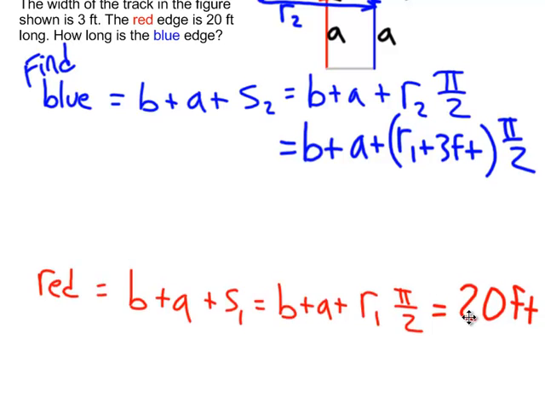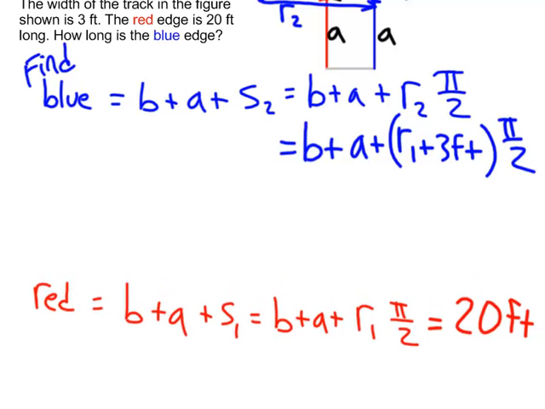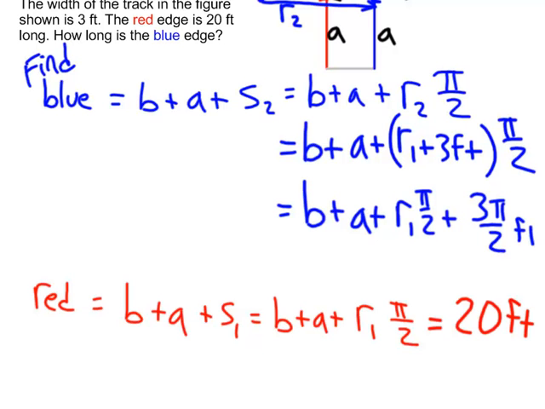We're getting close to the end. Let's go ahead and distribute out that pi over 2. That's B plus A plus R1 pi over 2 plus 3 pi over 2 feet. And I hope it's evident I just distributed that pi over 2 through the terms inside the parentheses.